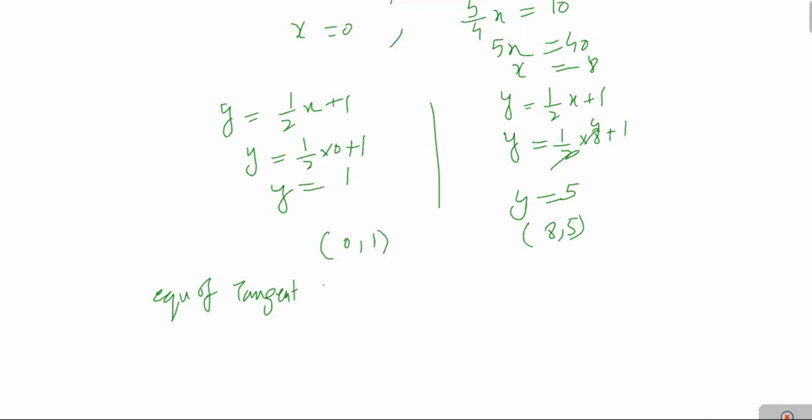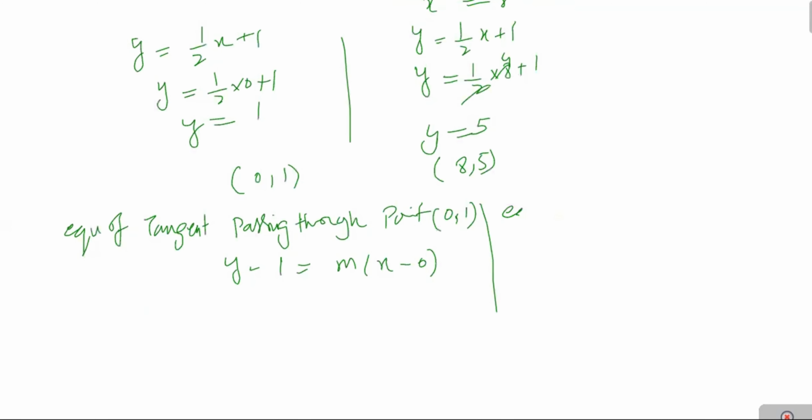Now the equation of tangent passing through point 0, 1 will be y minus 1 equal to m into x minus 0, and the equation of tangent through 8, 5 is y minus 5 equal to m into x minus 8.